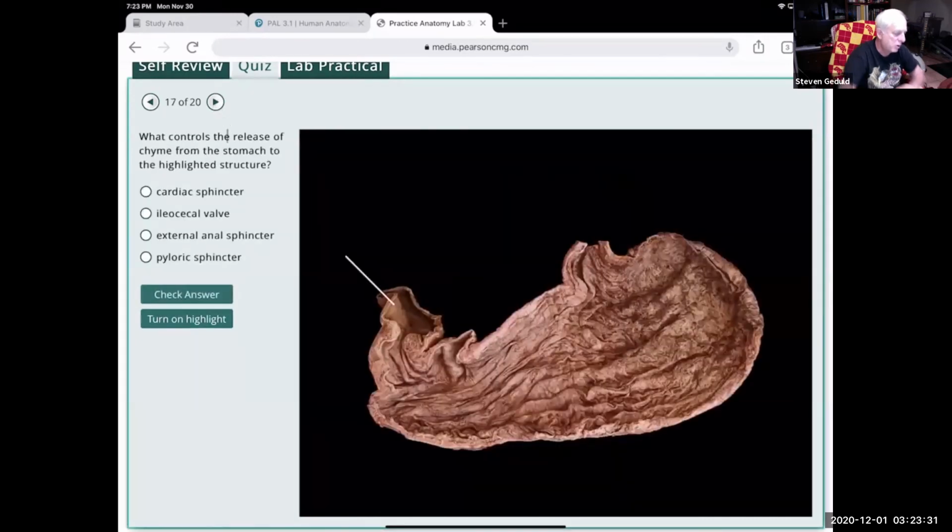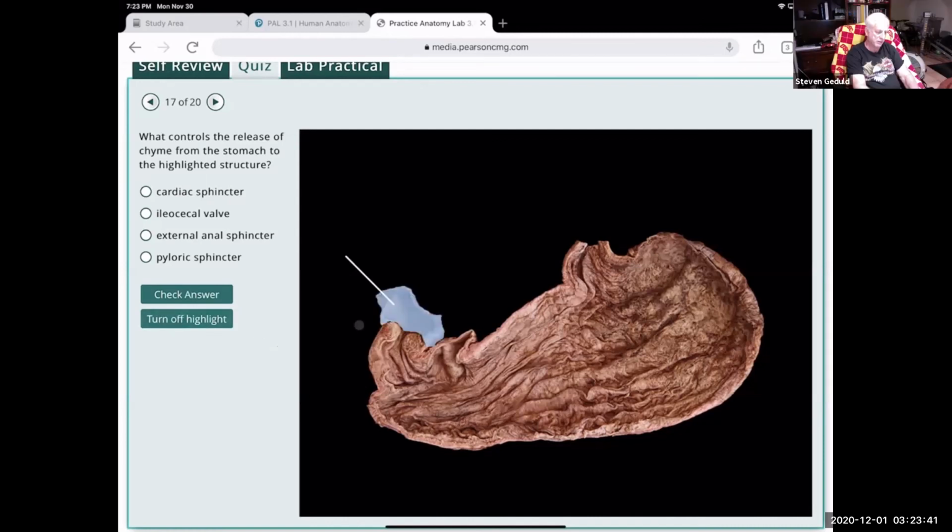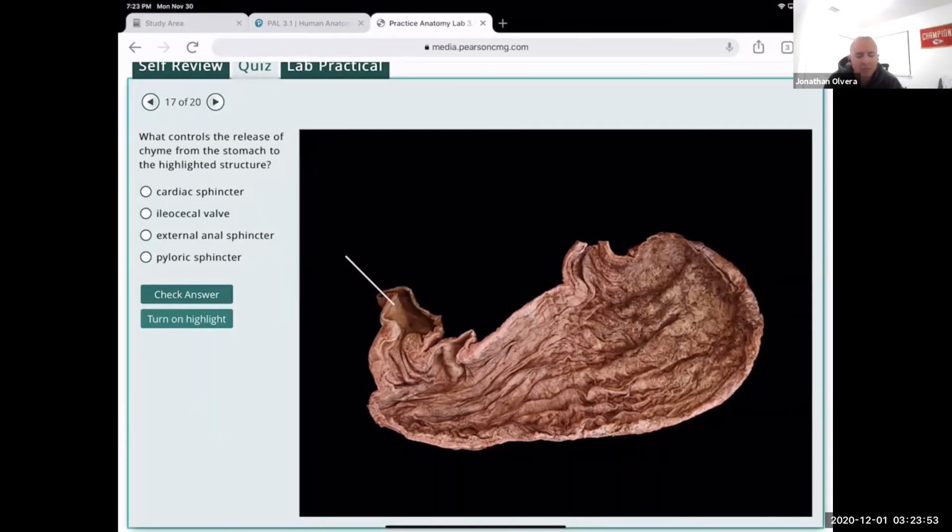Okay, what controls release of chyme from the stomach to the highlighted structure? What is the highlighted structure? It's not listed here, but what's that structure? What's the stomach feeding into? Duodenum. Perfect. That's the opening of your duodenum, the first part of the small intestine.